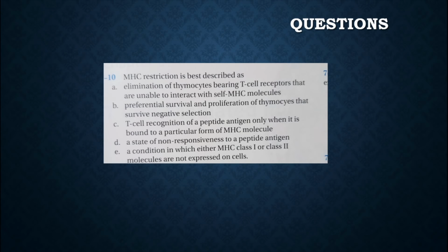All right, 7-10. This is, again, I'll just let you know, an operative word. So I think there are several answers that are kind of true, but there's one that's definitely the best.